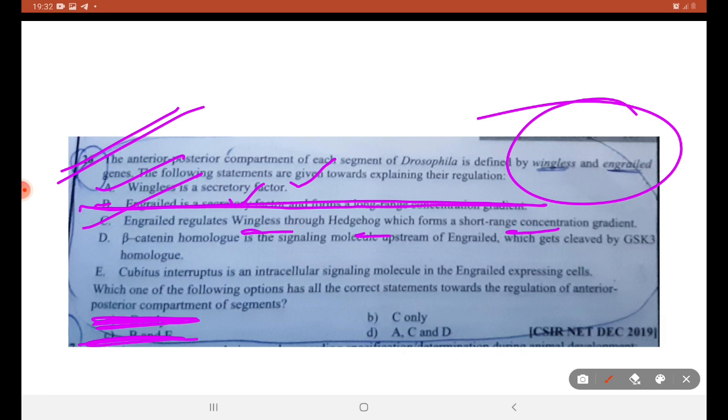Beta-catenin homolog is a signaling molecule upstream of Engrailed, which gets cleaved by GSK3 homolog. E is not a right answer. The expressing cell is not Engrailed but Wingless. So D is the right answer.